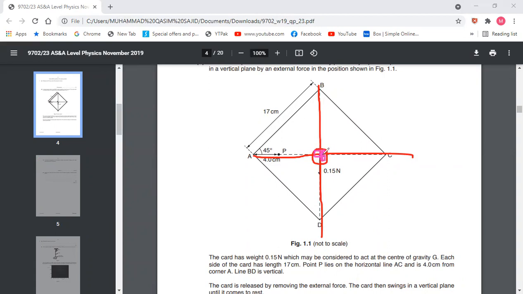Both lie at the same point, so there must be no moment with respect to these two points. So this is basically the answer to this question.